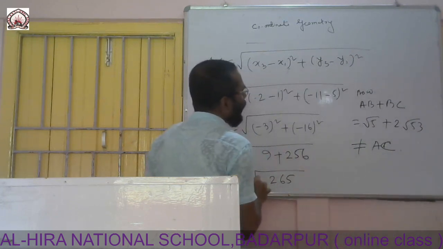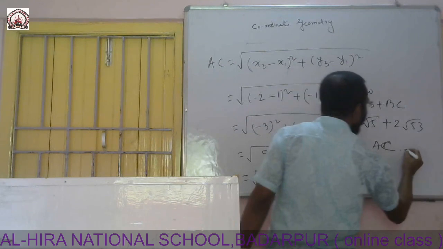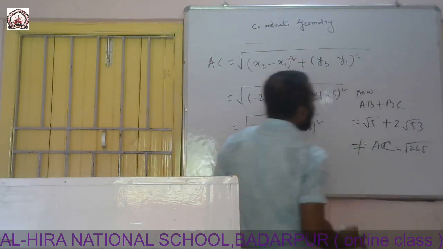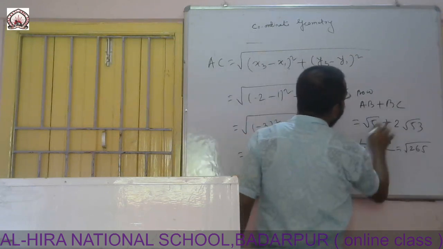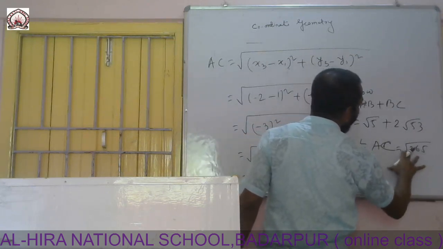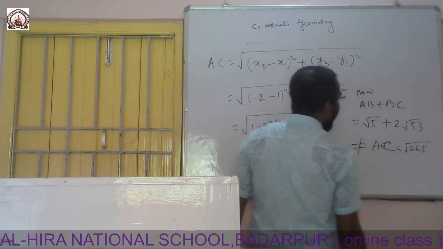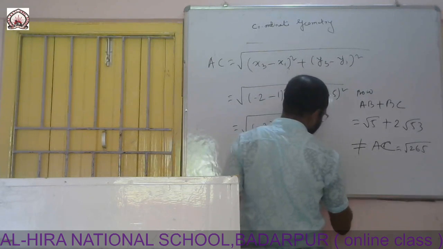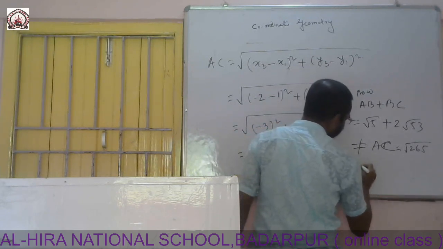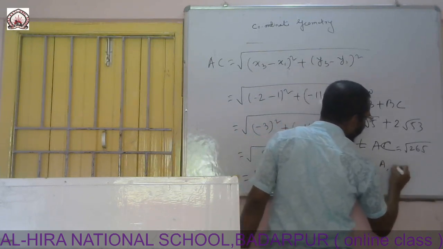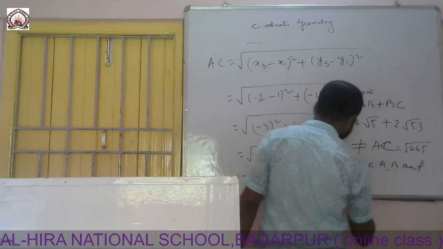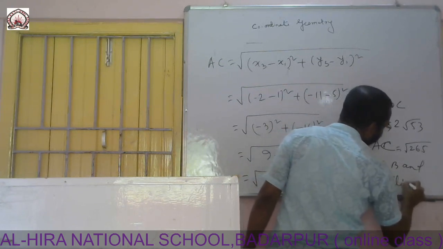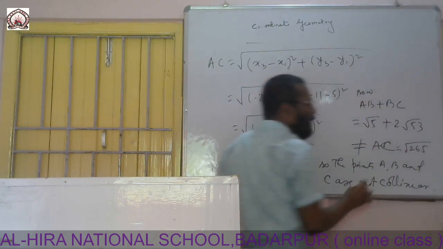AC is root over 265. So root 5 plus 2 root 53 is no doubt not equal to root 265. So AB plus BC is not equal to AC. So the points A, B and C are not collinear. This is by the distance formula.